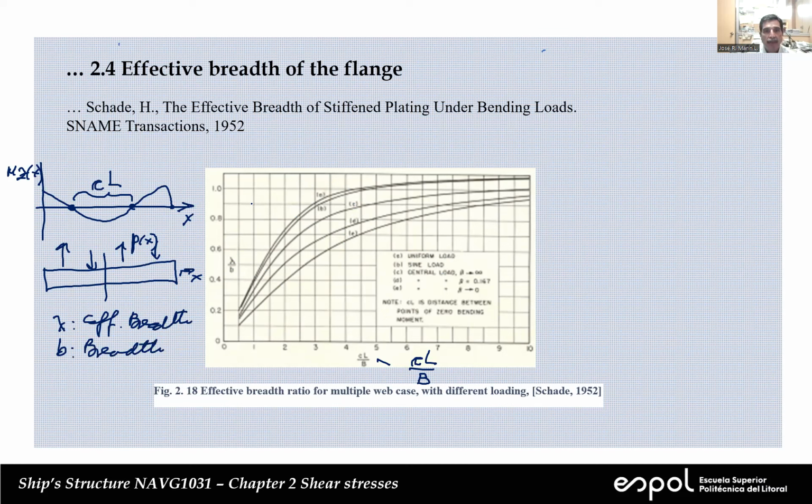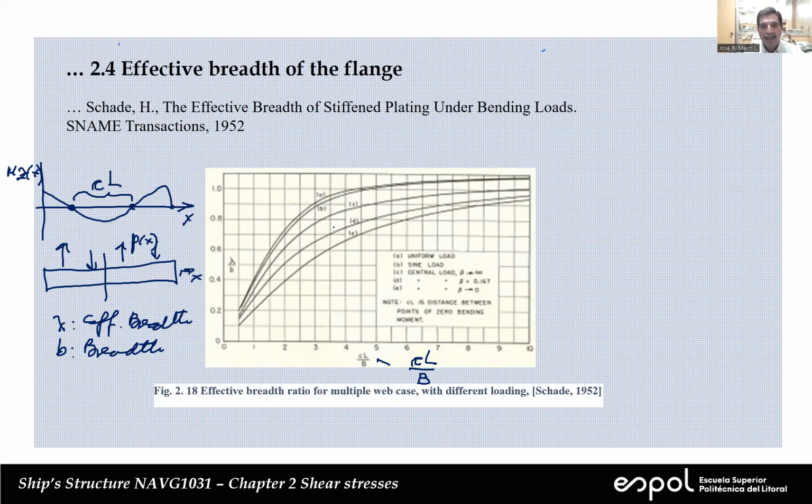You can see here that there are some problems with the theory because here you're saying that the effective breadth is higher than 100%. Usually the maximum value that we take is just 1. It makes no sense to have more material than the one that we have physically.